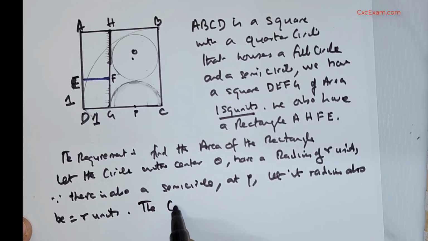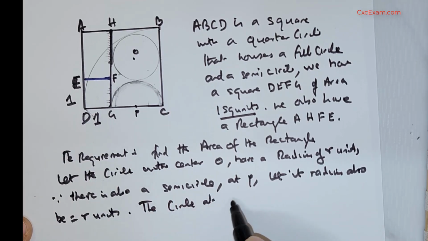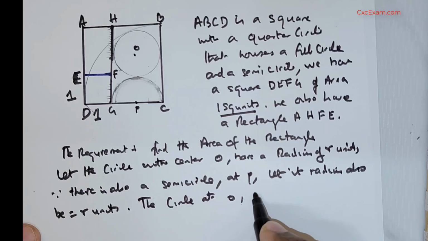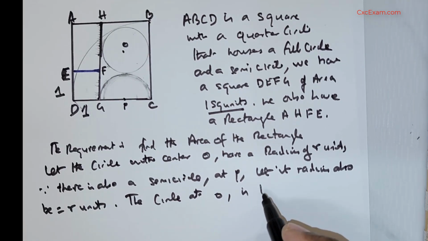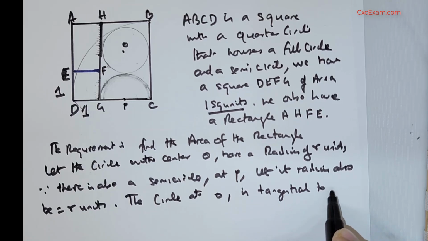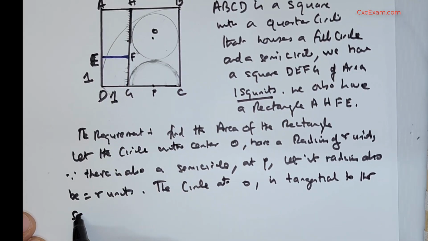Now the circle at O is tangential to the square.